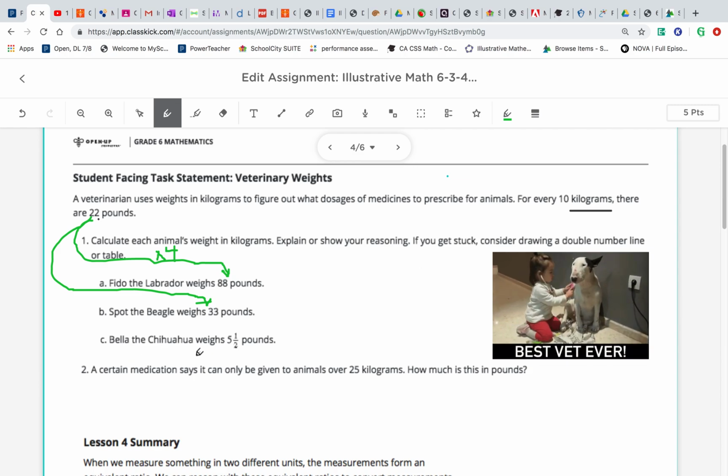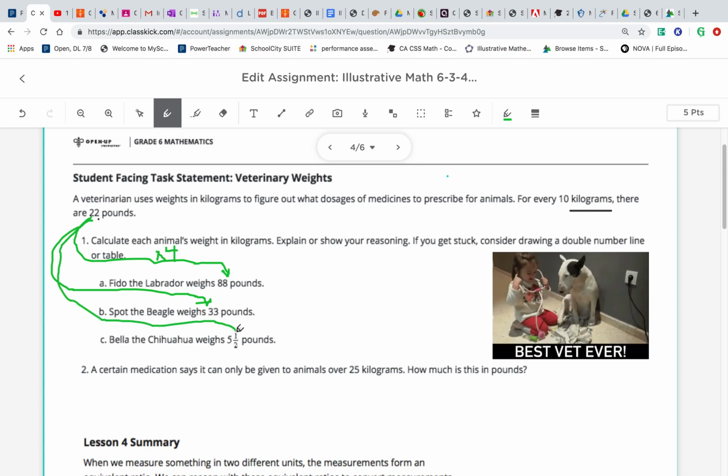For Bella the Chihuahua, she weighs just 5.5 pounds. So here we're talking about going from 22 to 5.5. That one seems a little bit tricky, but I want to see if we can think about a way to relate them easily. I think about 5.5. If I do 5 times 4, that gives me 20.